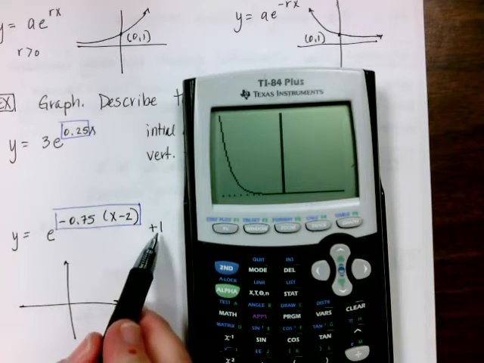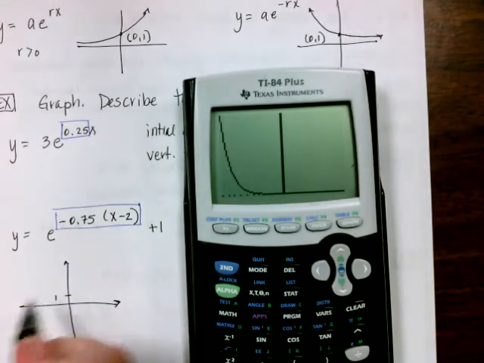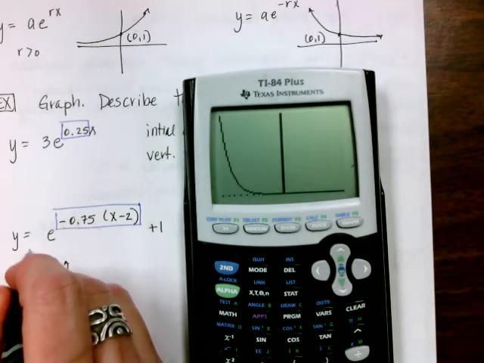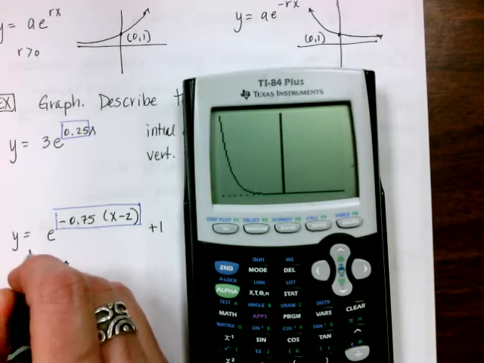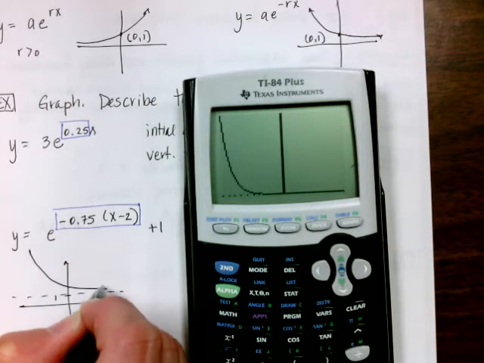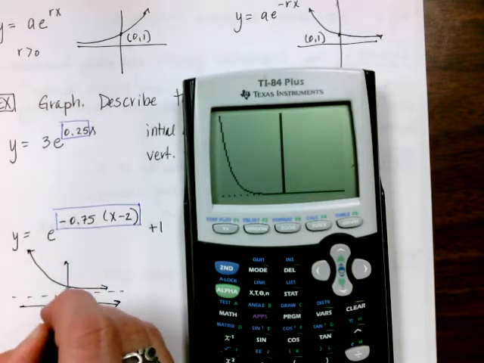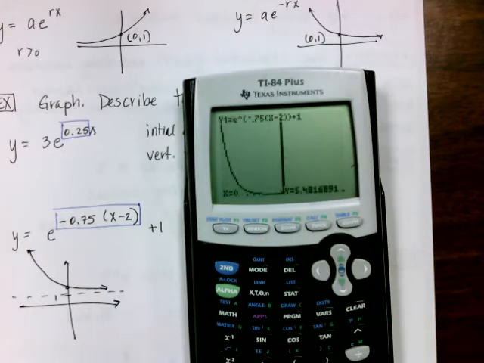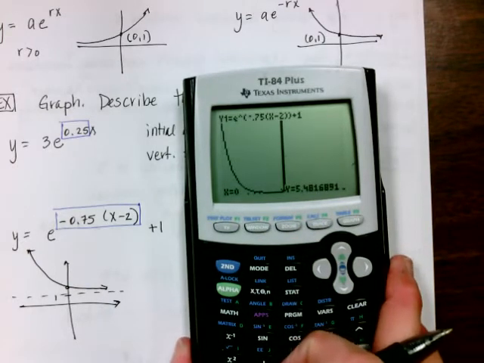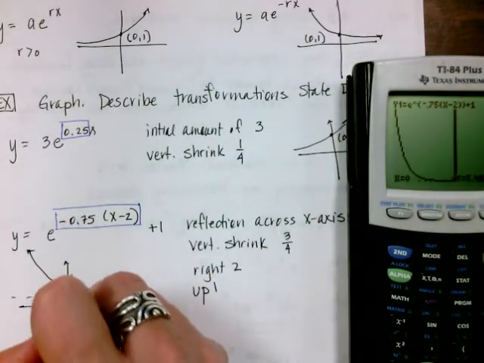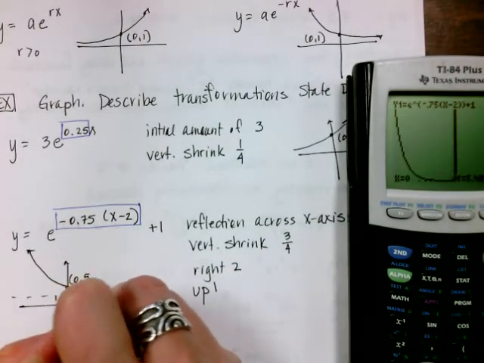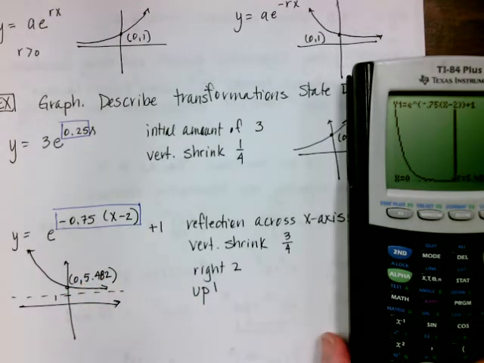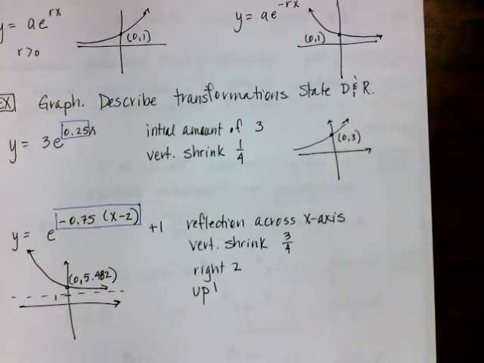My horizontal asymptote is 1, so that's going to be my horizontal asymptote, and then it's going to cross the y-axis, so it's going to look kind of like that. This point right here, second calculate value, enter x is 0, and notice that my y is 5.48. So this point has coordinates of (0, 5.482), okay? And that would be my graph.